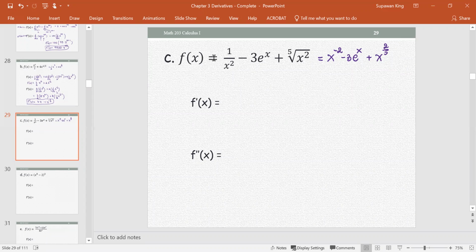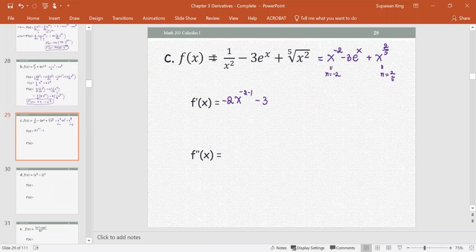The first derivative: we find the derivative of x to the negative 2, applying the power rule. Negative 2, x to the power, where n is negative 2 in the power rule. For the third term, n is 2 over 5. Applying the power rule for x to the power negative 2, we get negative 2 times x to the power negative 2 minus 1. The second term is a constant multiple of the exponential function.